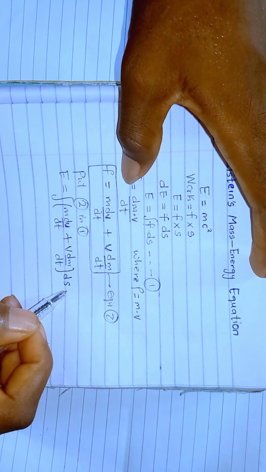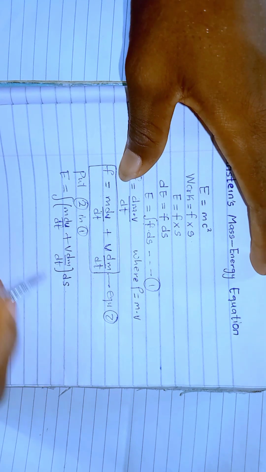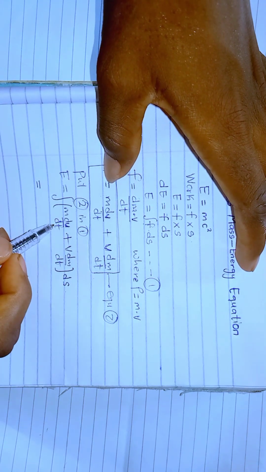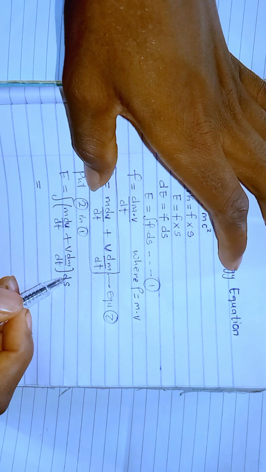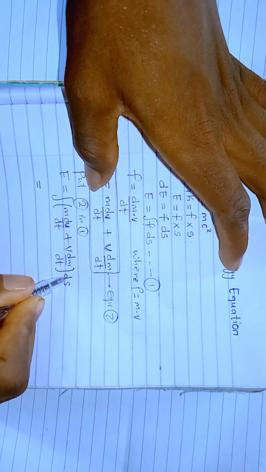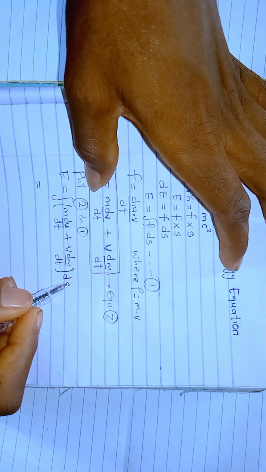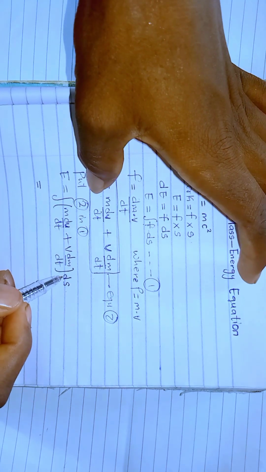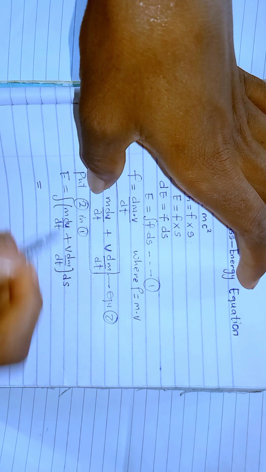Here, we can use this change in distance to open the bracket, because there is a way we could substitute.